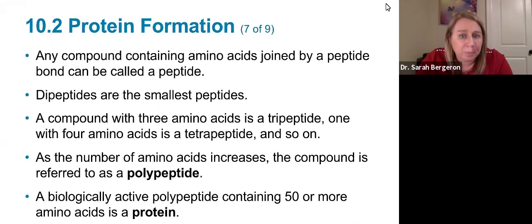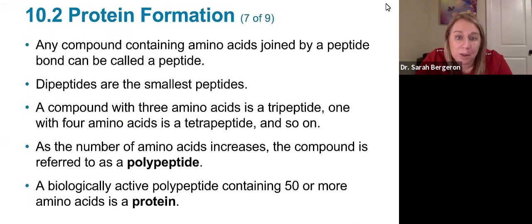Any compound that contains amino acids joined together by a peptide bond, we call a peptide, right? Dipeptides are the smallest ones, but then you could have a tri, a tetra, and so on. But as that number gets larger and larger, remember we said proteins could have thousands of amino acids, then we just call it a polypeptide.